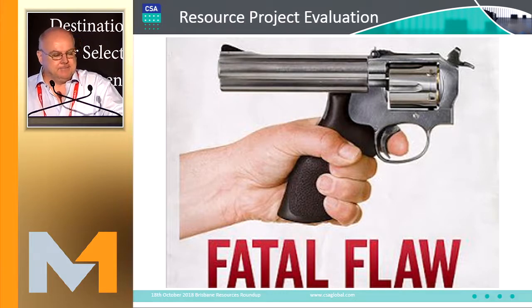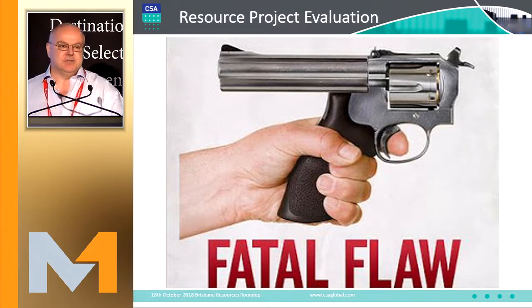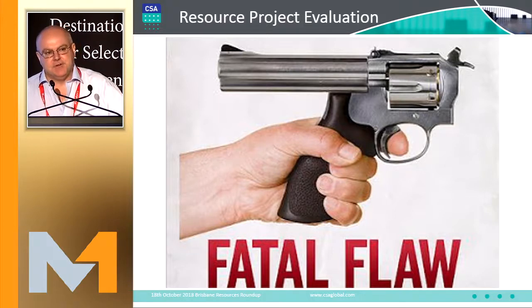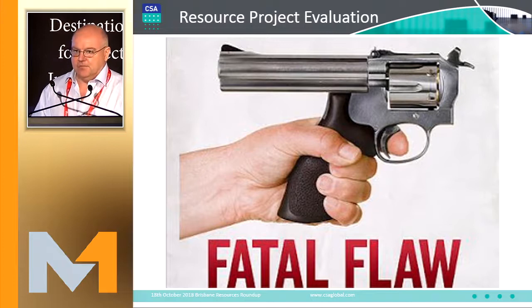And when we looked at the lab results, we did some umpire sampling, and we pushed it across to an Australian lab here. We found that the assay results in the lab that was being used in Asia was a complete farce, and it actually killed the project stone dead. So these are some of the things that you have to be aware of when you're looking at a project.